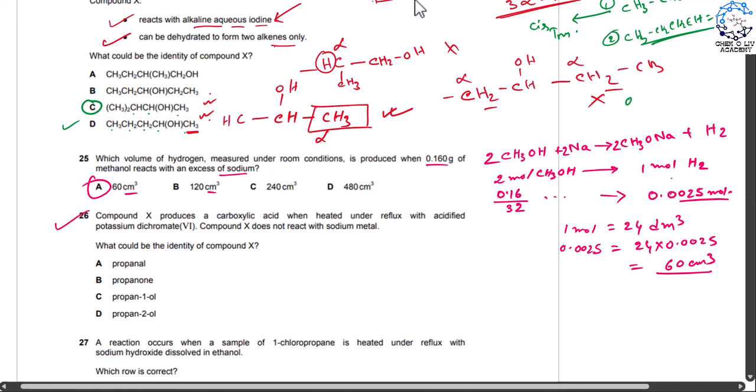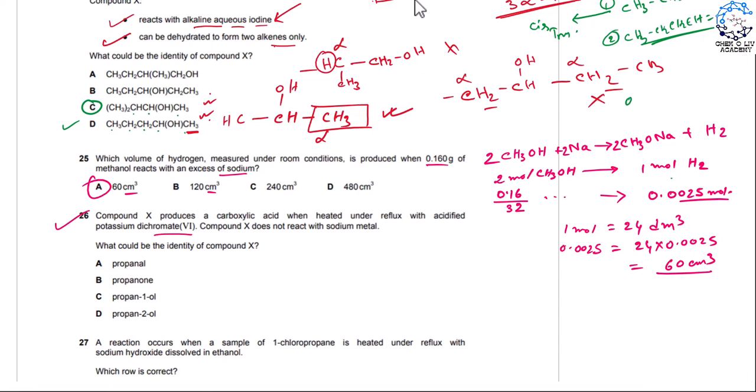The next question is saying, compound X produces carboxylic acid when heated under reflux with acidified potassium dichromate solution. Okay, so from this point we can understand that the compound might have a CHO group or a primary alcohol group which is getting oxidized to form a COOH group, in the presence of the oxidizing agent potassium dichromate and H plus.